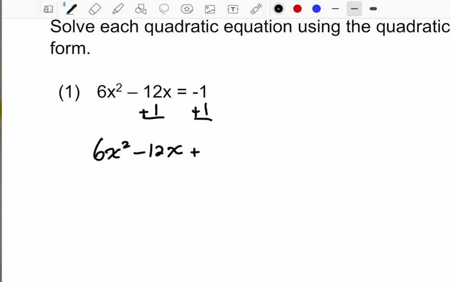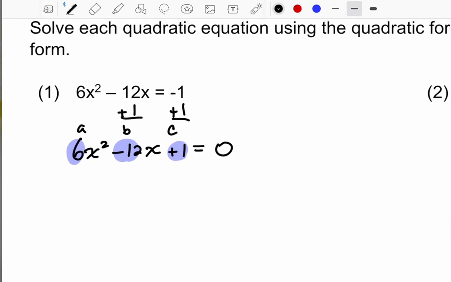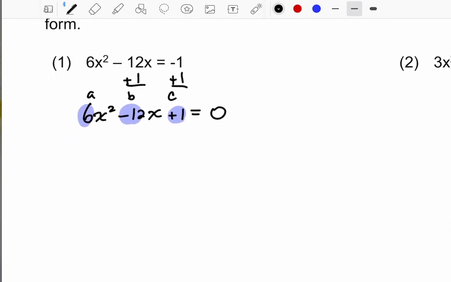Clean it up. Identify the A, B, and C values, and apply the quadratic formula.